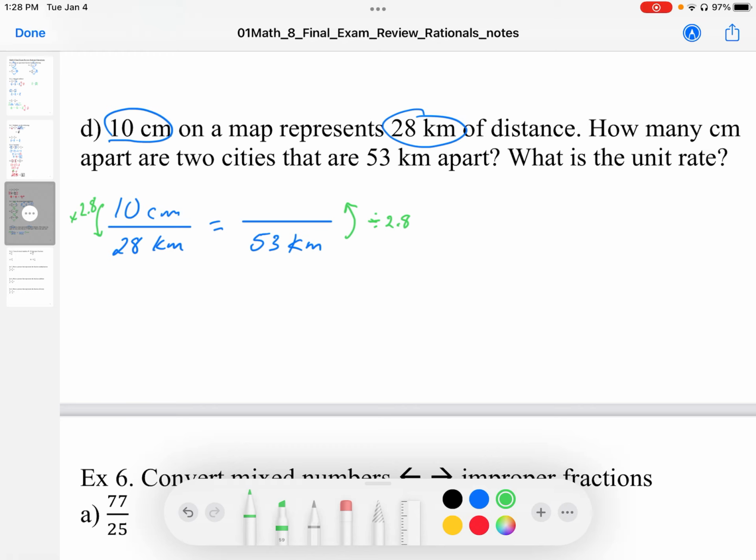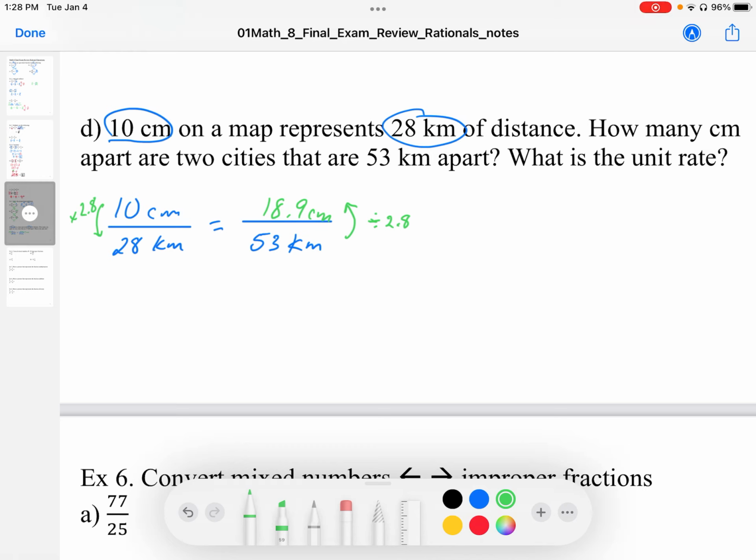So 53 divided by 2.8 is going to give me 18.9285. It's not a very nice number, but I'm going to round that to 18.9. And that's 18.9 centimeters of map distance for 53 kilometers of real distance.